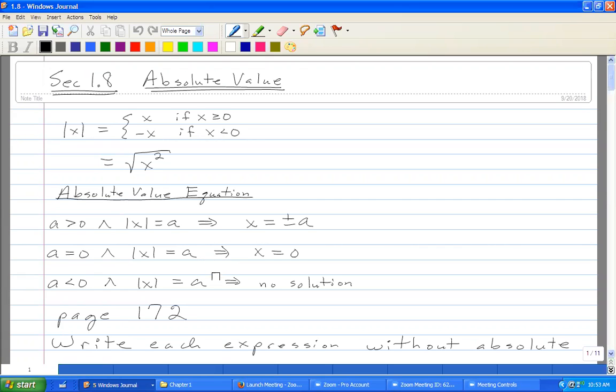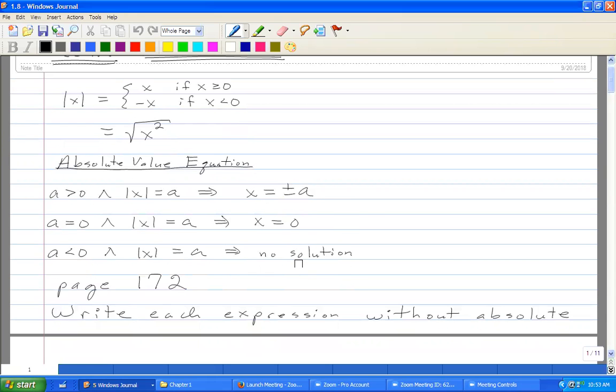When a is 0, plus or minus 0 is just 0, so x is 0. If we're trying to solve the absolute value of x equal to a, where a is negative, we can't have an absolute value ever be negative. So this has no solution.